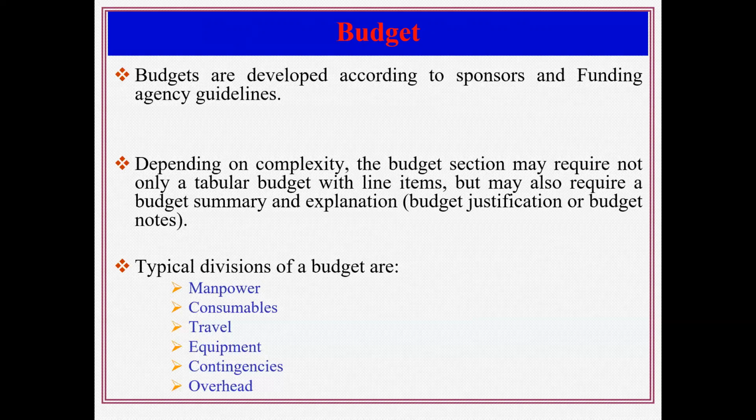Equipment: you find out the equipment and their cost. If possible, you get some quotations and add those quotations here also. And contingencies, overhead charges. Budget should be realistic.